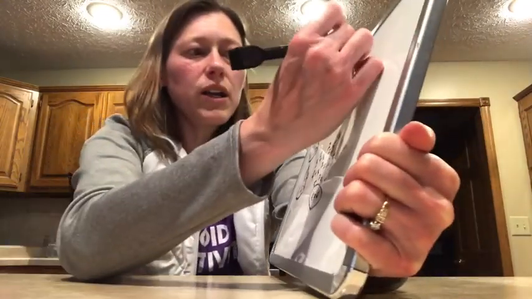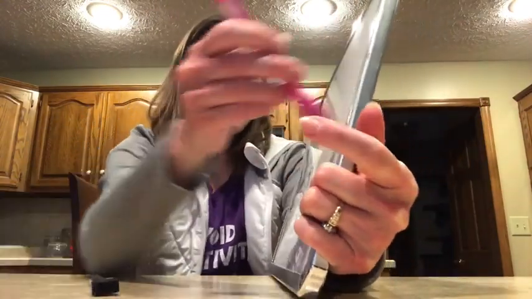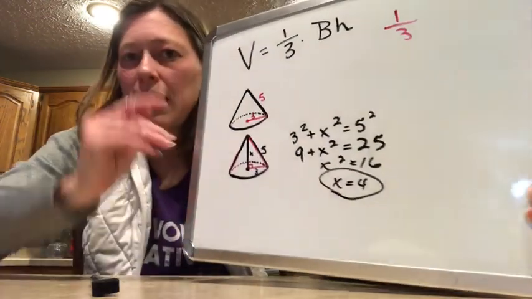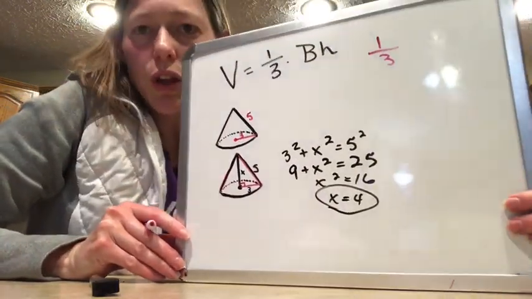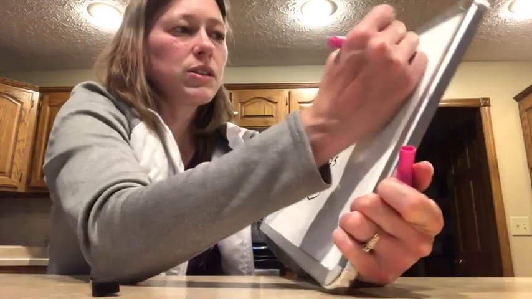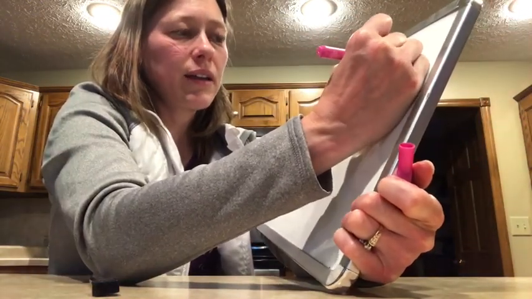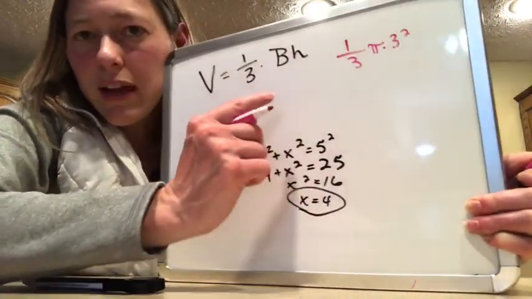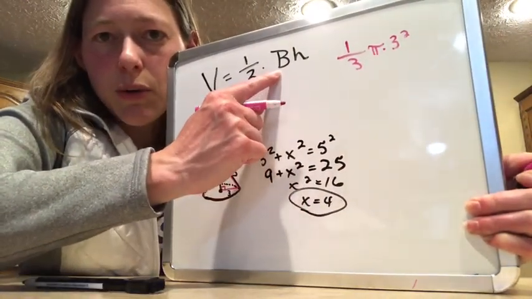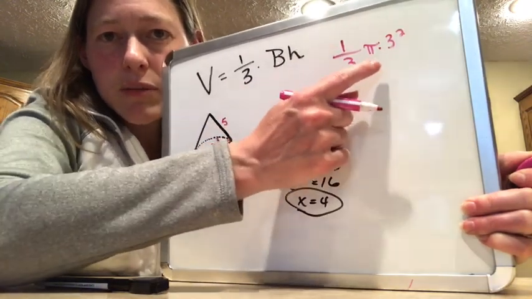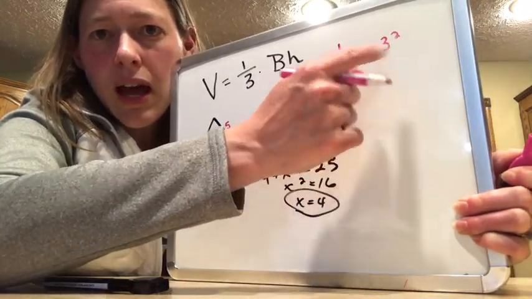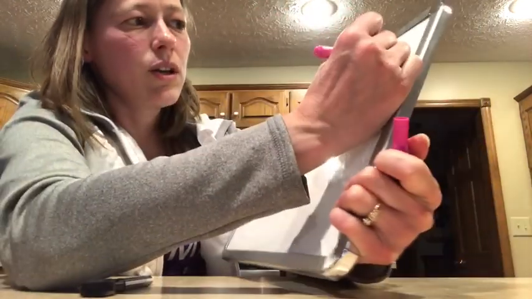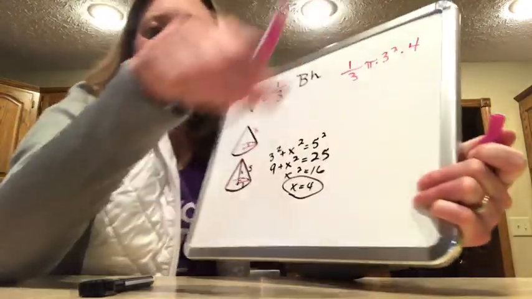Okay, so we're going to go 1/3. Now I'm going to go back up here with this formula. 1/3 times the area of the base, and the base is a circle. So it's 1/3 times pi times r squared, or 3 squared, because the base is a circle, so 1/3 times pi r squared times the height. And I said that the height is 4, so times 4.